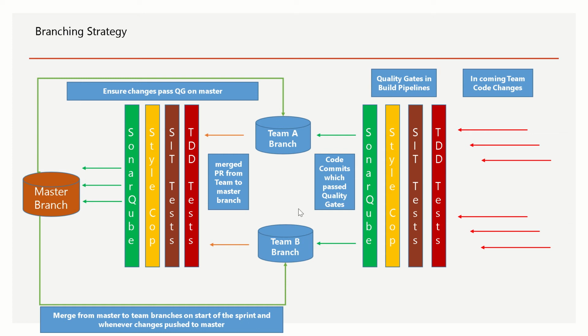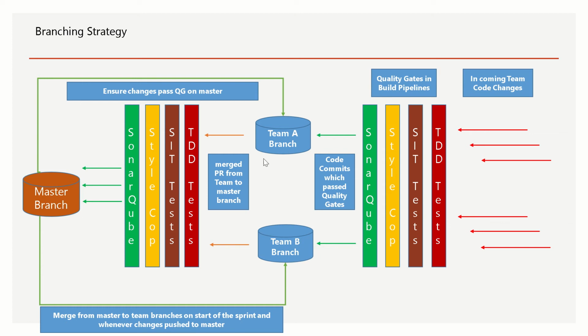What I would prefer, and one of the best practices I have seen in one of my previous organizations, is that first of all, they will create two branches. For example, as I am highlighting here, a branch for team A and a branch for team B, both branched out from the master branch where the initial commit has happened.